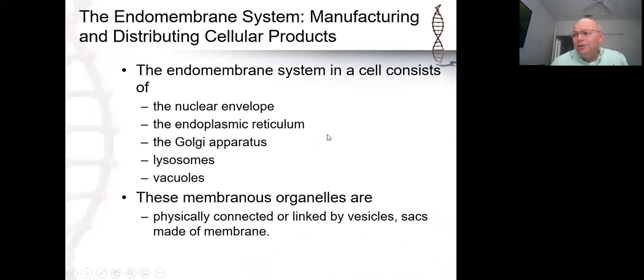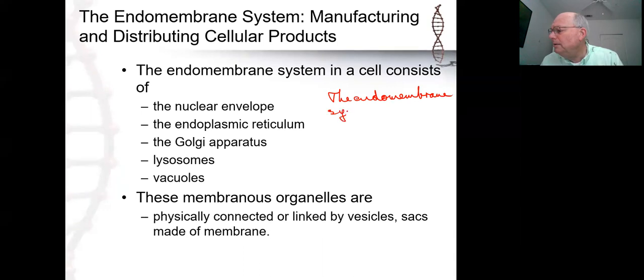So when we start thinking in terms of the endomembrane system, it is very convenient to think of this as the manufacturing plant of the cell, because in essence, that's what it does. Let me put in here. So the endomembrane system makes, well, we know one thing, polypeptides.